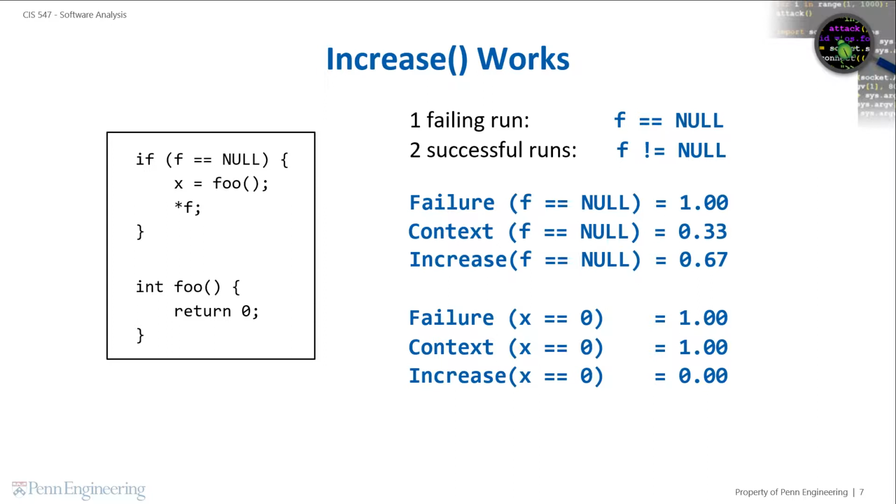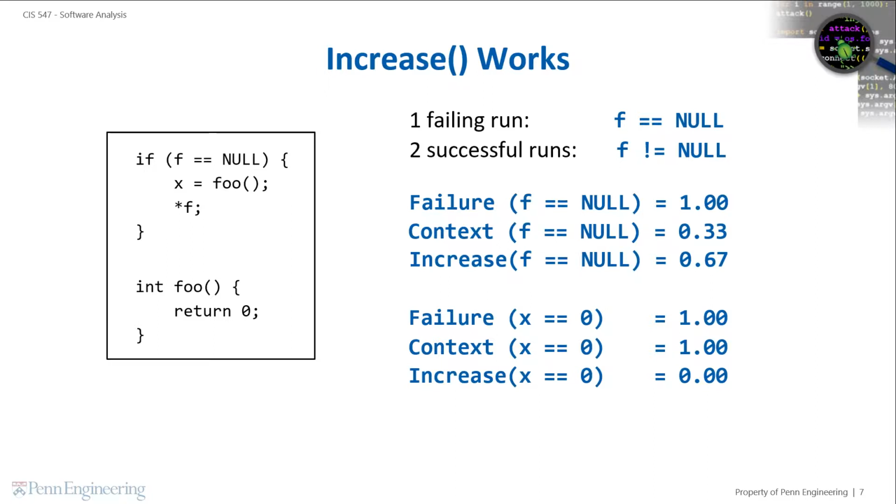This indicates that when f is null, there is a much higher chance of run failure than usual. On the other hand, in the two successful runs in which f is not equal to null, we never observe the predicate x equals 0. Since there is just one failing run in which the predicate x equals 0 is observed, and no successful run in which the predicate is observed, the context of x equals 0 is 1.